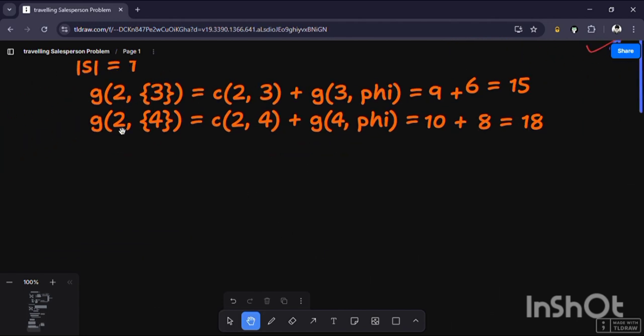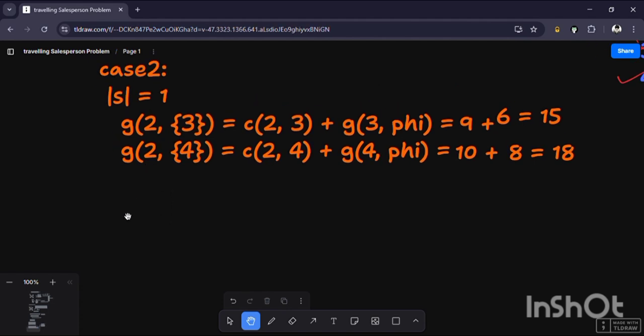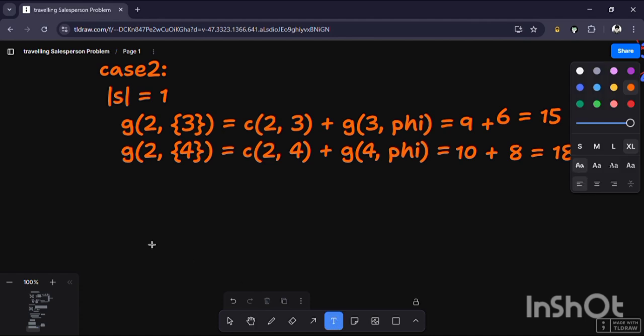this one is for 2. Now from 3, let's calculate for g of 3 comma. From 3 I can reach 4, right? Next, from 3 I can reach 2, right? So these two are possible from 3: from 3 to 2, and next from 3 to 4.